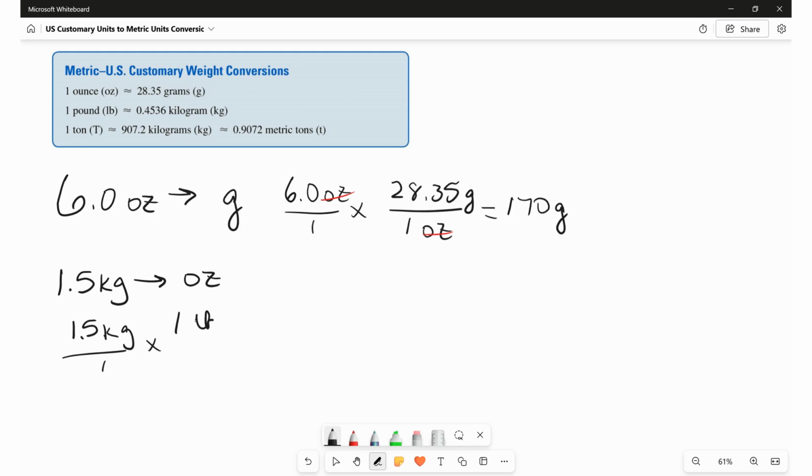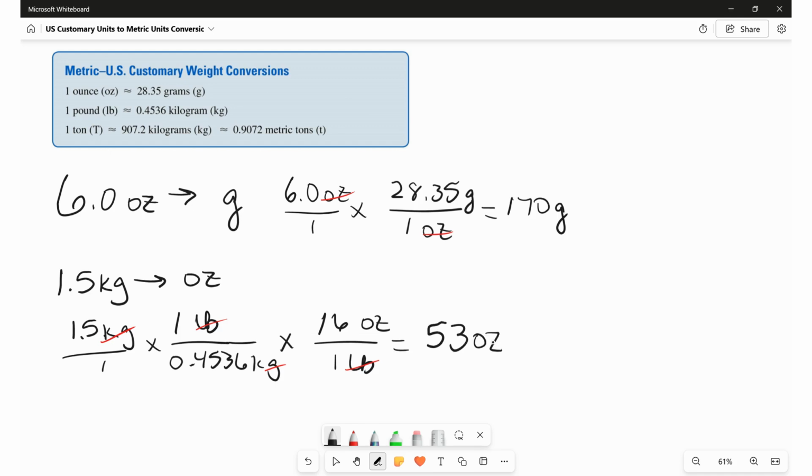So 1 pound is 0.4536 kilograms. But then we need to have ounces. And from when we studied the US customary units, we know that there are 16 ounces in every pound. So our kilograms cancel, our pounds cancel. And when we multiply and divide this whole thing out, we get that this is approximately 53 ounces.